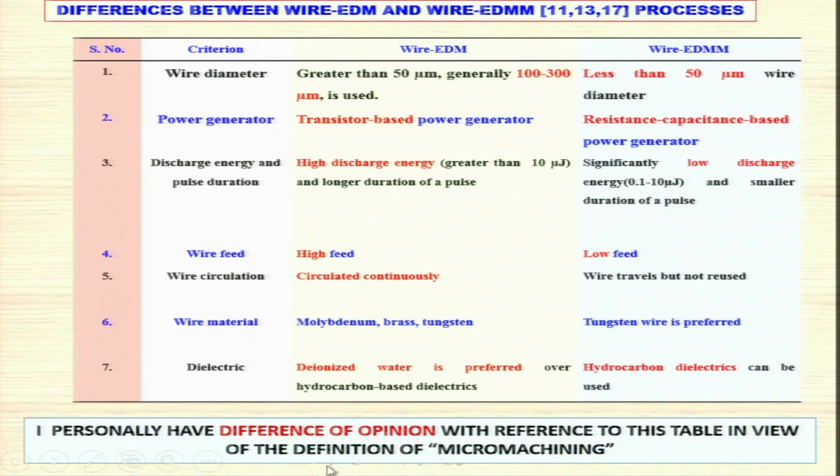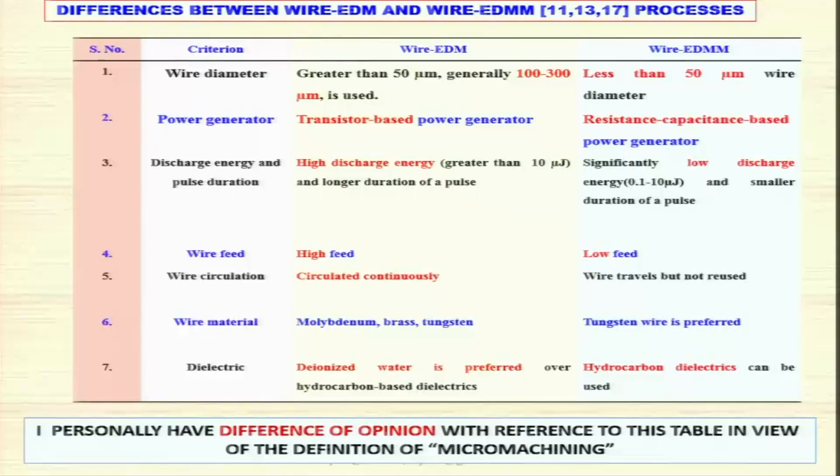I personally have a difference of opinion with reference to this table in view of the definition of micromachining, because I have told that wherever there is a material removal or a feature created by any process, and if it is smaller than 1 millimeter, then in my opinion it should be treated as micromachining, or I can say wire electric discharge micromachining, rather than wire EDM.